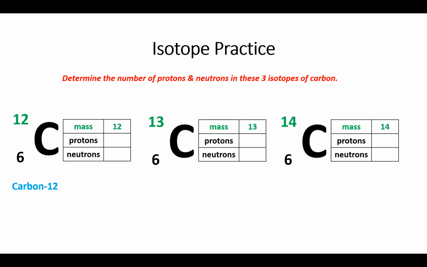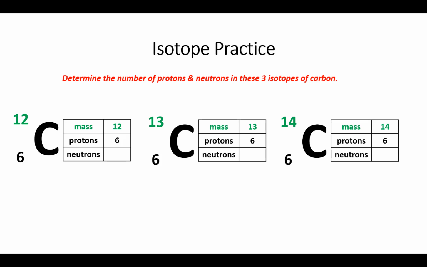By the way, we also call these by their mass names, carbon 12, carbon 13, and carbon 14. Okay, we also can see each of them has an atomic number of 6. That will never change. All atoms of carbon have 6 protons. So we can go ahead and put that in our chart.